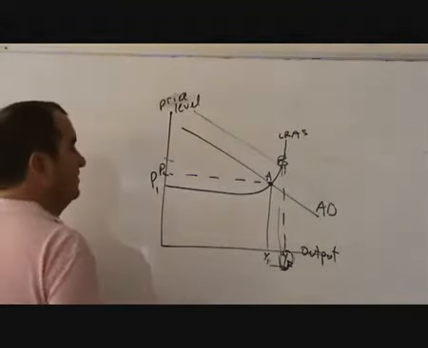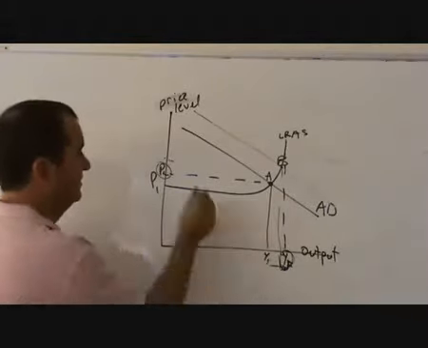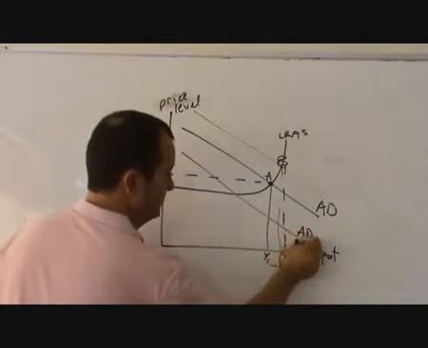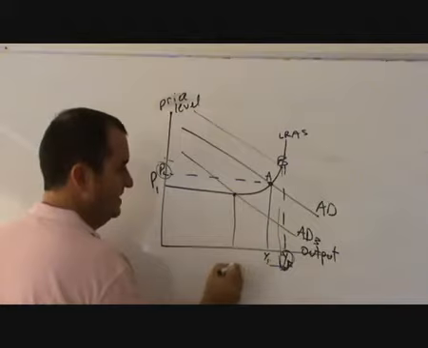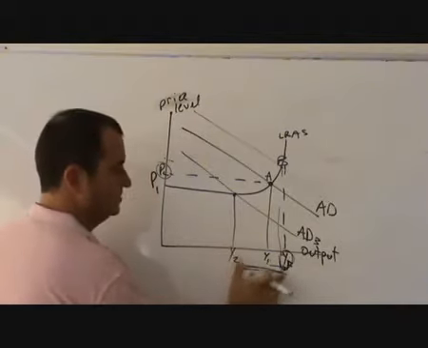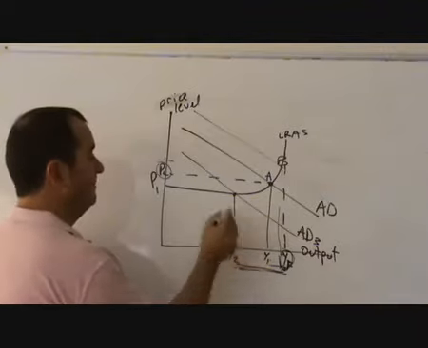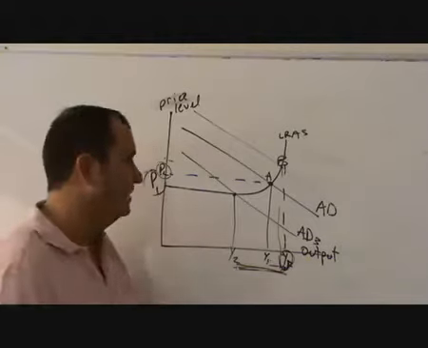If, on the other hand, they didn't like this price level and they wanted to reduce aggregate demand to, say, AD3, and to take the economy back to here and to suffer some unemployment, the difference between Y2 and YF would be unemployment, but have prices nice and low at P1, control inflation, well, then they would do the opposite.